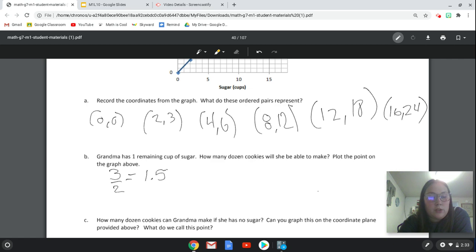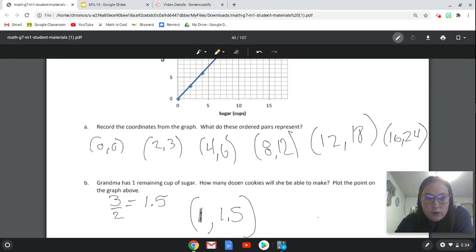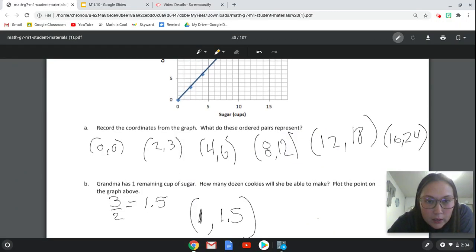So now if she used 1 cup of sugar, she would make 1 and a half dozen cookies. So if I was to plot that on my graph, I'm going to go over to 1 and up to 1 and a half, which is right there on the line.